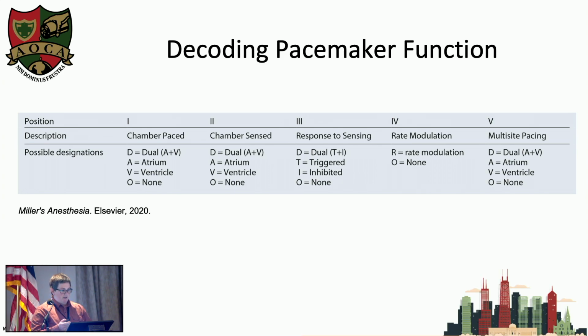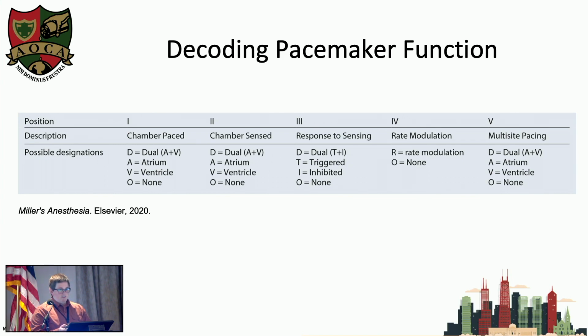So, if we have a lead in the ventricle, it's going to sense the ventricle, and then it's going to potentially pace the ventricle, or do you have a lead in both chambers? Third is what that device is going to do when it senses what that chamber is doing. So if we have an atrial and a ventricular lead, and we have an atrial impulse generated by the patient, the device is going to sense that atrial chamber depolarization.